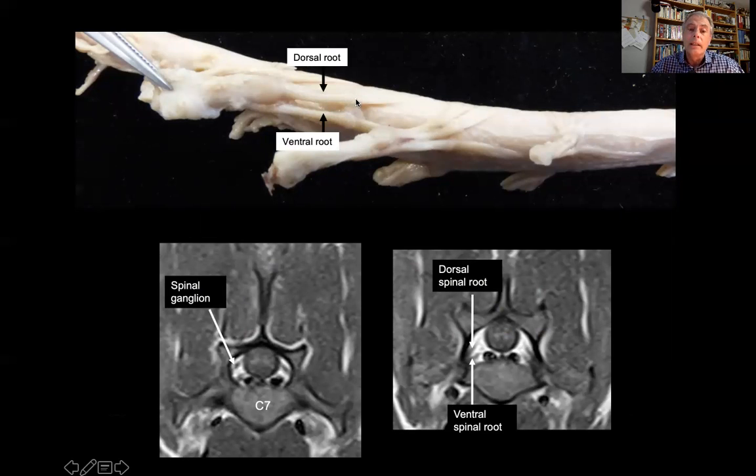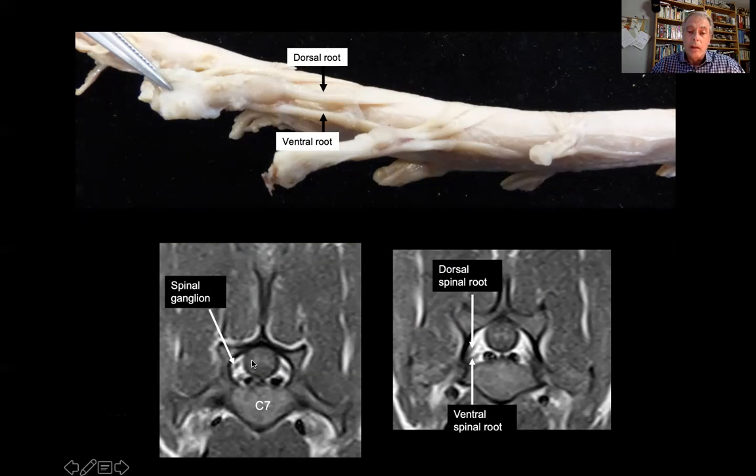However, when these roots of the spinal nerves are longer, we clearly identify that the dorsal root and the ventral root are surrounded by a single layer of the dura and arachnoid. They form a single sleeve, one for the dorsal root and one for the ventral root. This is the dorsal root with the spinal ganglion, and then this is the spinal nerve.